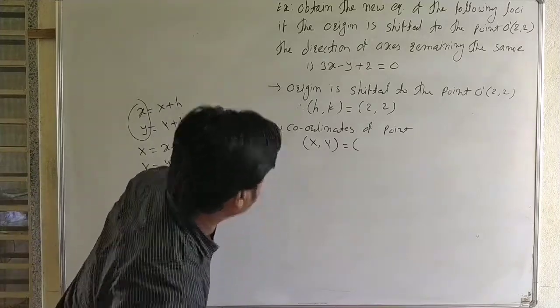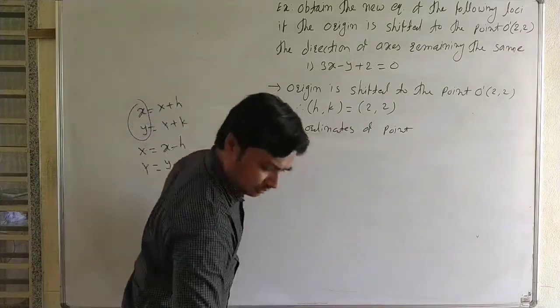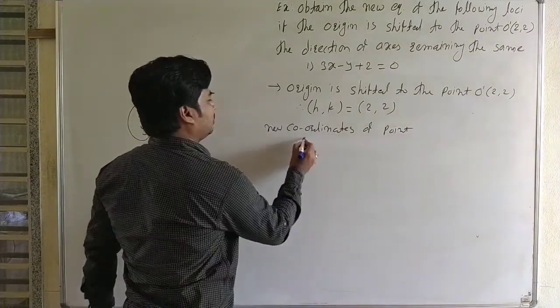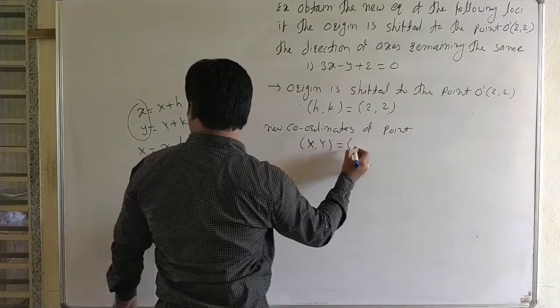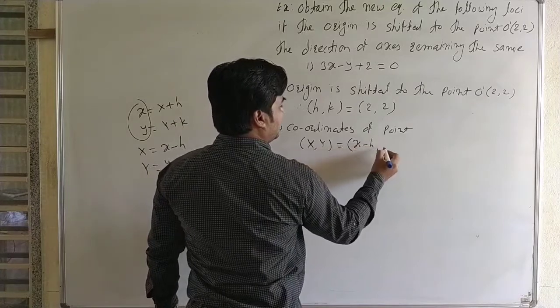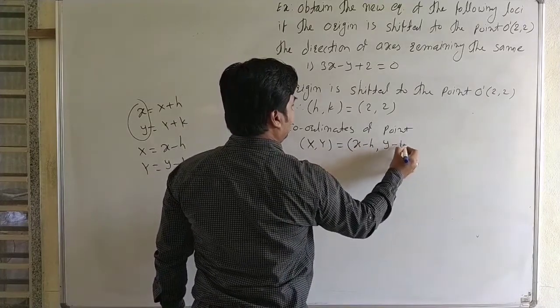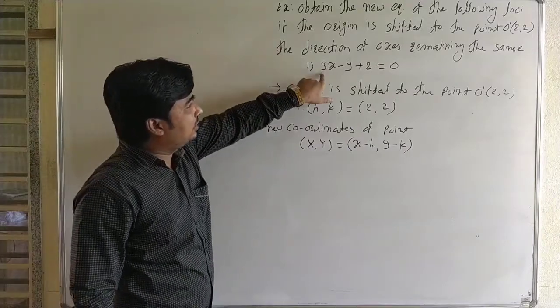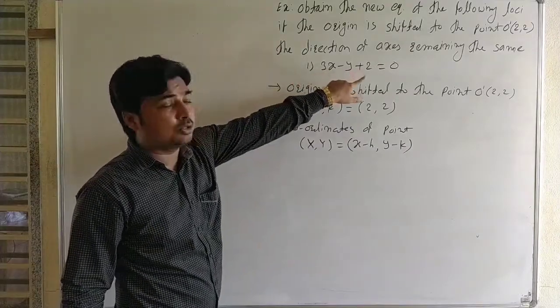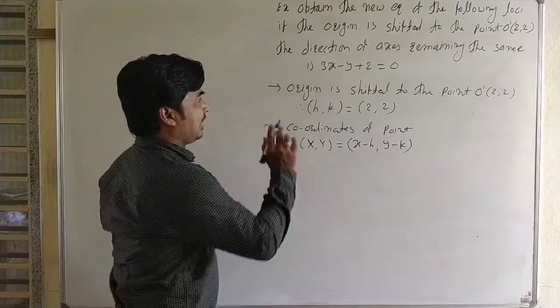We know that here, we can write capital X and capital Y are equal to x minus h and y minus k. Therefore the given equation is 3x minus y plus 2, given in small x and y.